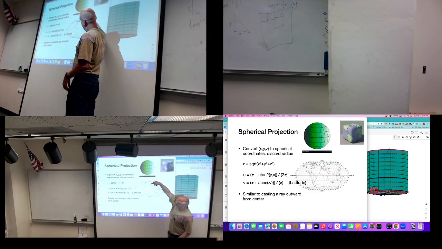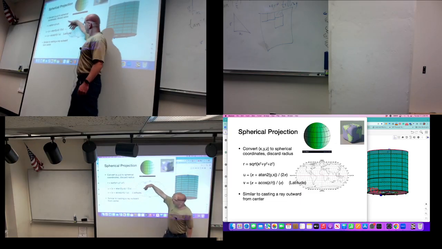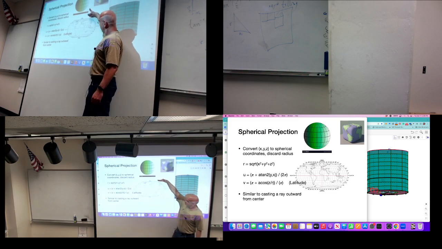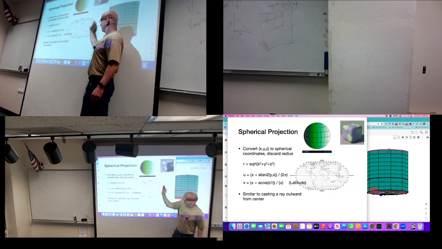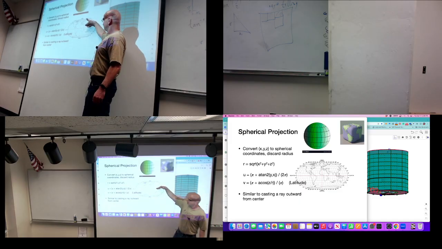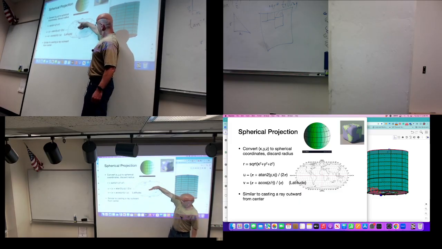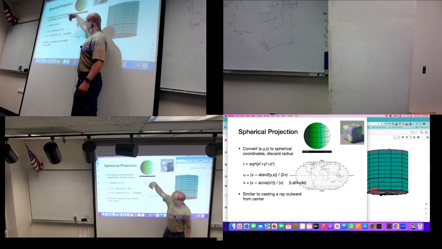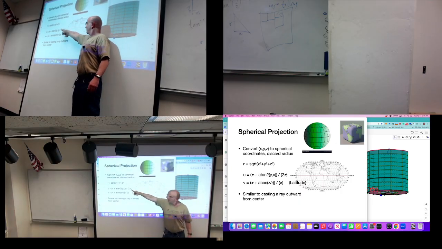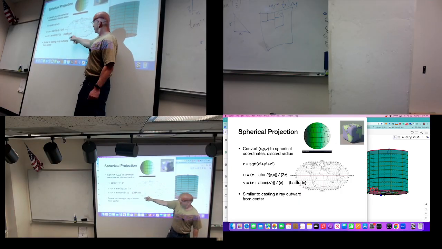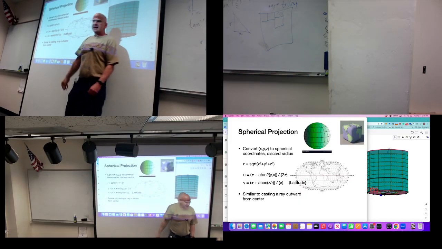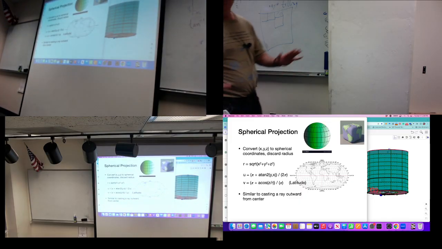X, y, and z. R is fixed, is not one of the parameters, and u and v are nothing but the longitude and latitude. You're just asking at which angle you're rotating in one direction. That would be the first arc tangent, and to get the other coordinate, it's actually arc cosine.